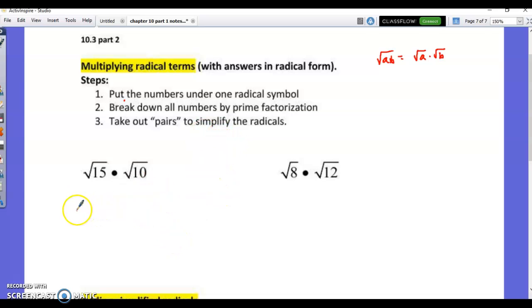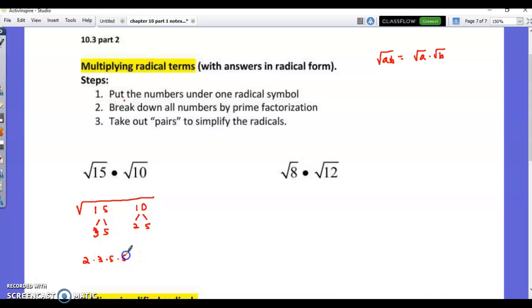So if I think of it like this, I have 15 and I have a 10 underneath. I'm going to break down 10 to 2 and 5, and 15 to 3 and 5. Then we look for our pairs. So our prime factorization of 15 times 10, which would be 150, is 2 times 3 times 5 times 5.